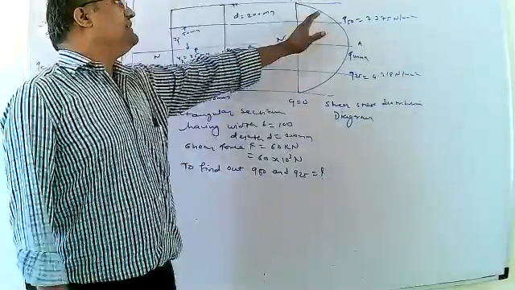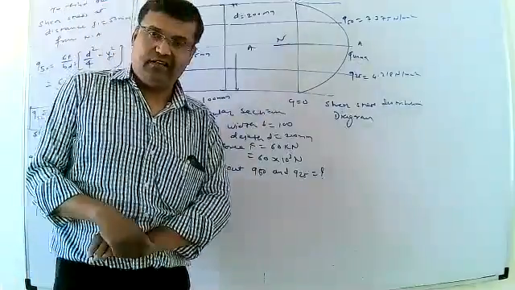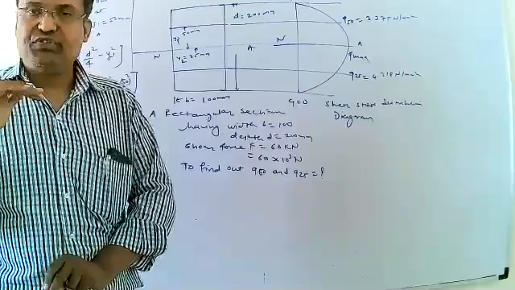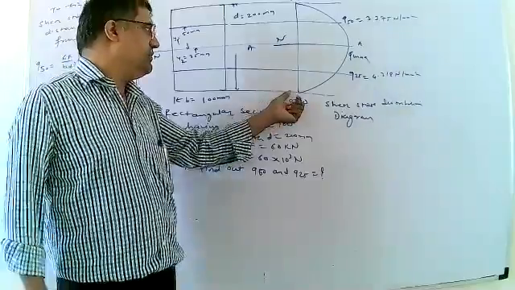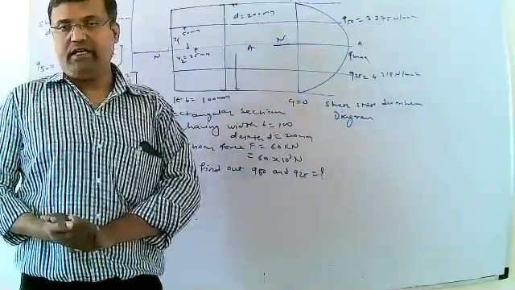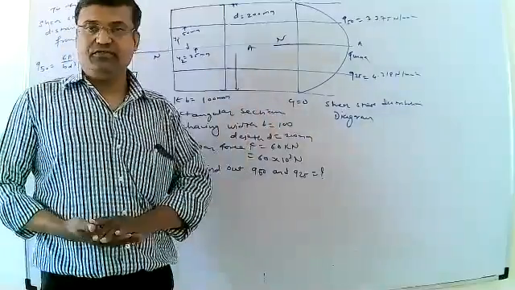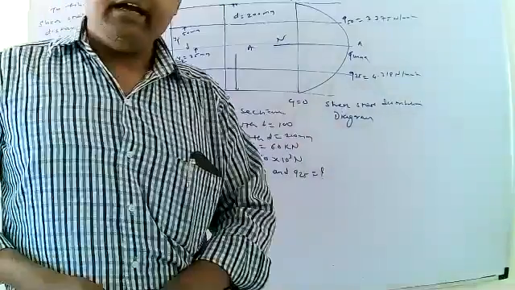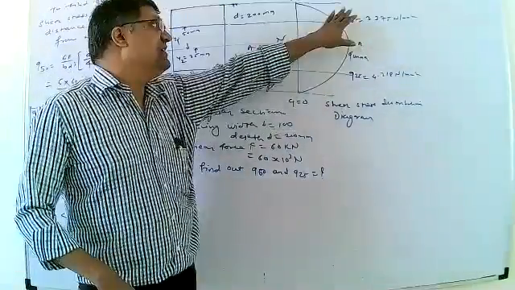In this diagram, at the top extreme layer of the rectangular section beam, the shear stress induced will be equal to 0. In the same manner, at the bottom extreme layer of the beam section, the shear stress induced will also be 0. But the maximum stress will be induced at the neutral layer, here Q max.